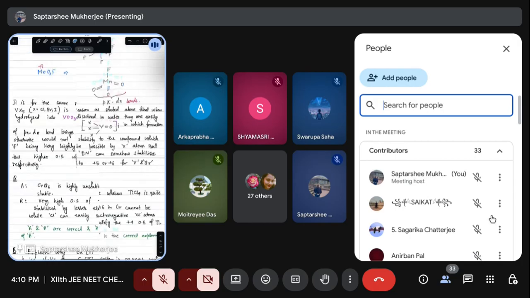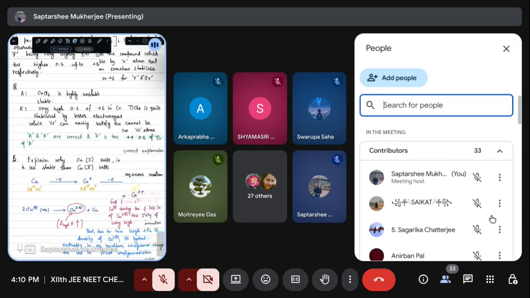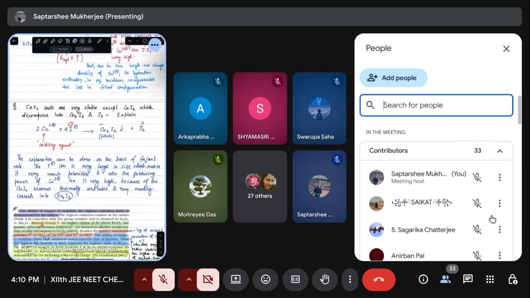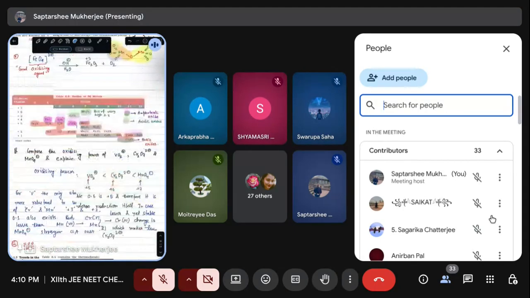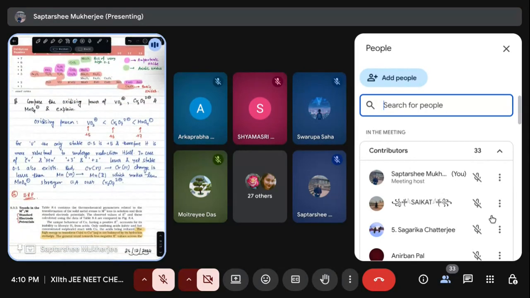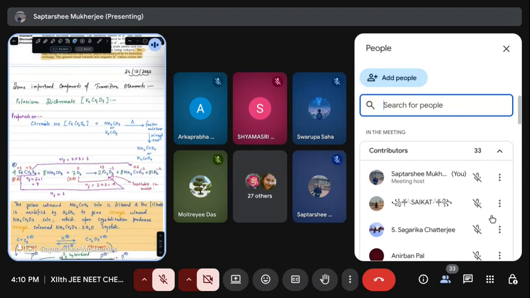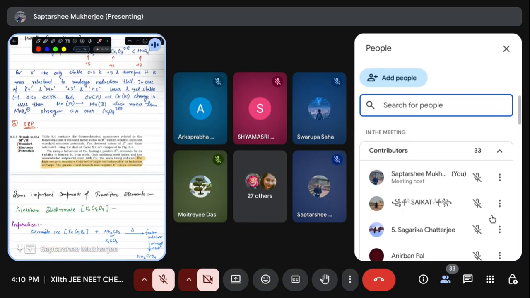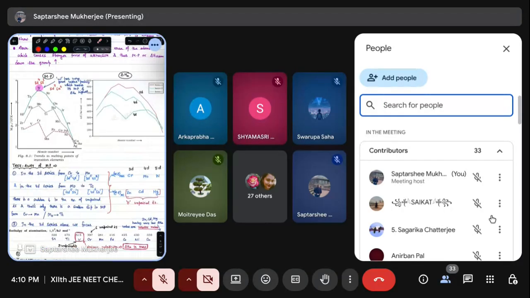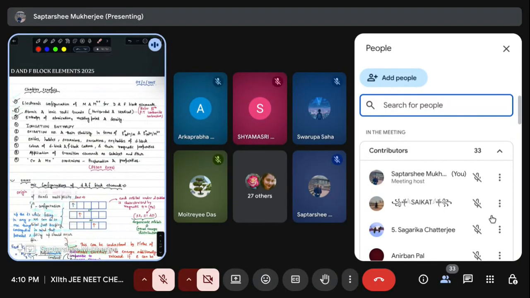Then assertion, reason form questions. I have given the whole context in the form of questions, so that if you read it you can understand very properly and clearly. And afterwards, I have attached some important compounds of transition elements, potassium dichromate and potassium permanganate, for which we will take a separate class also.